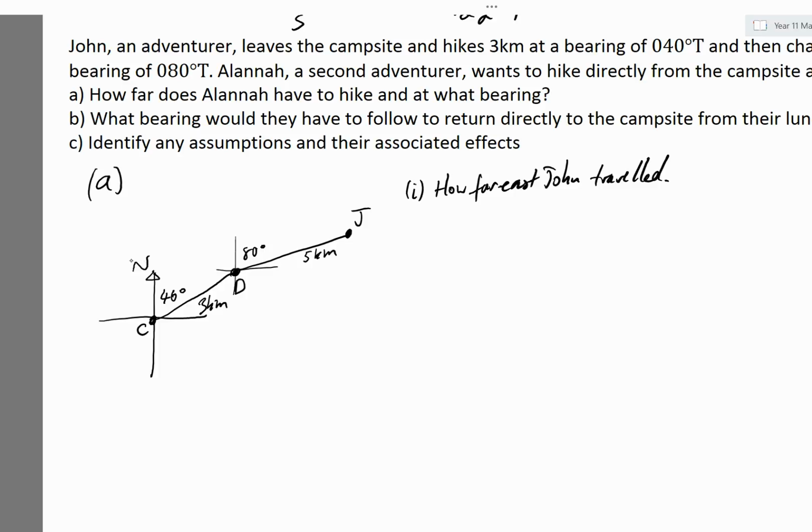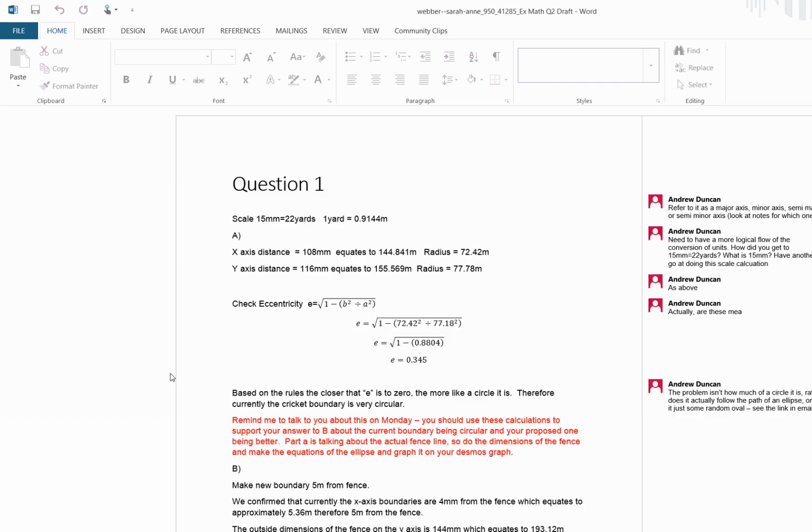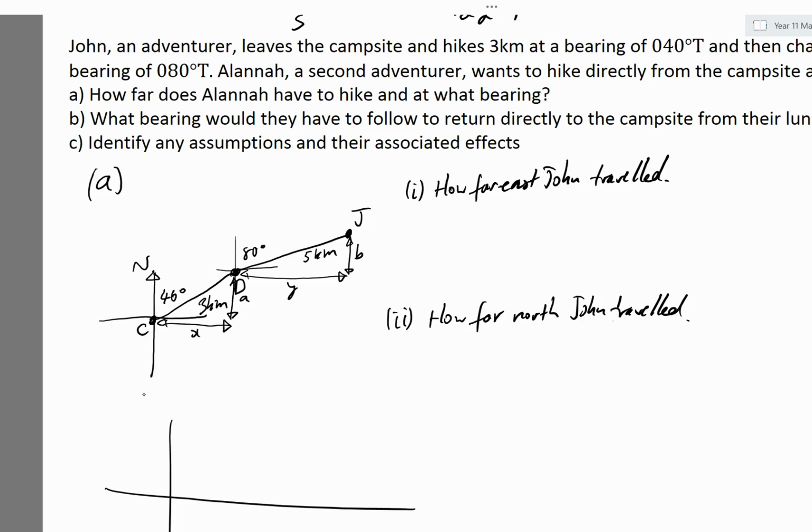So just finding this horizontal distance and this horizontal distance, x and y, and then find in part 2 how far north John travelled, which will be this height here, call it a, and this part here b, so that we'll be able to just draw from the campsite to John one straight line.